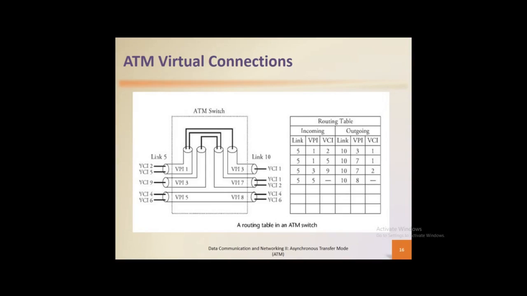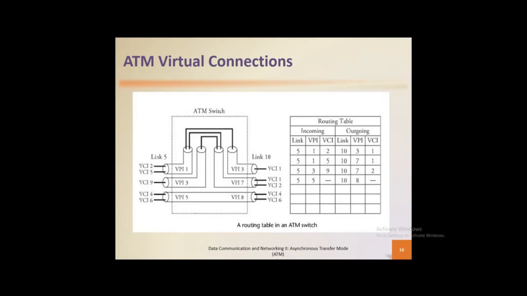In a display, we have something like this: an ATM switch with three virtual paths coming in on the inlet, link 5 in this case, and three on the outlets.